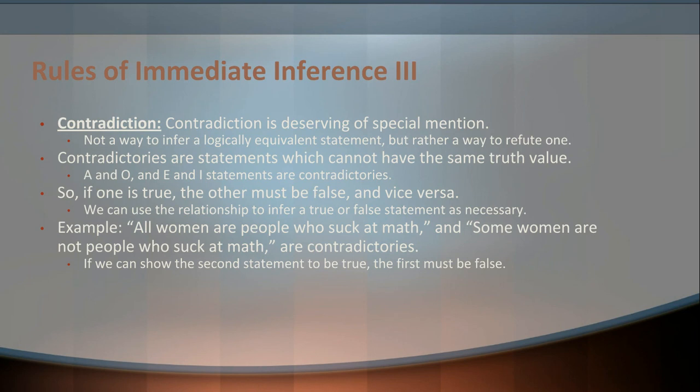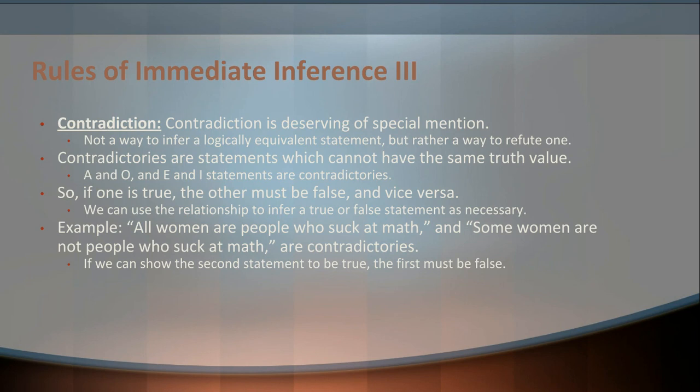And on its own, that maybe seems obvious, but there are some instances where we can use that relationship to still immediately infer another statement and to determine that it's true or false accordingly. So if we're looking for counterexamples, this is a fantastic relationship to keep in mind.